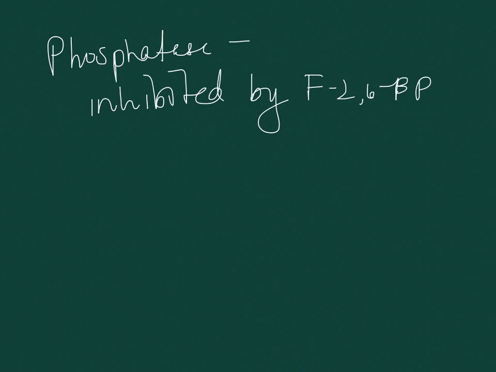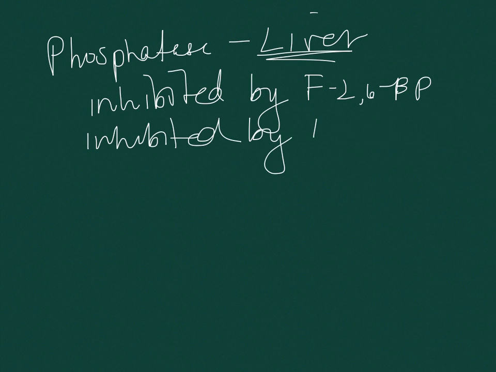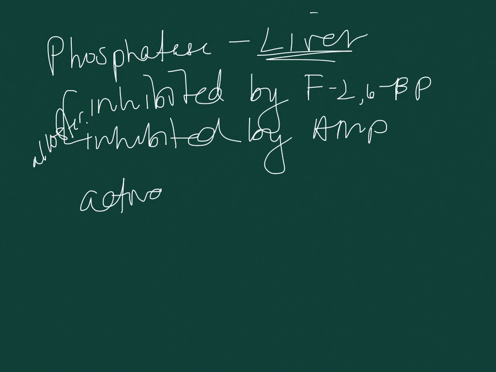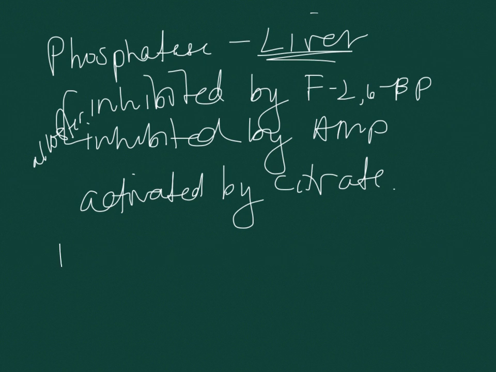And remember, because we're looking at gluconeogenesis, we are just focusing on the liver here. It is inhibited by AMP. Okay, both allosteric inhibitors. And it is activated by citrate. We will look more closely at its regulation in a following video.